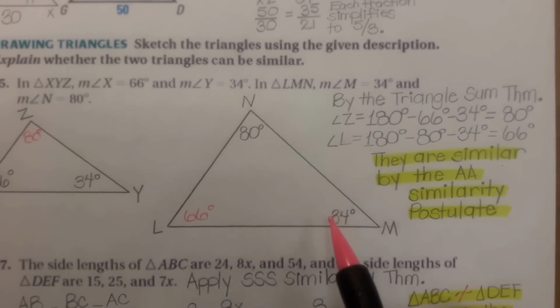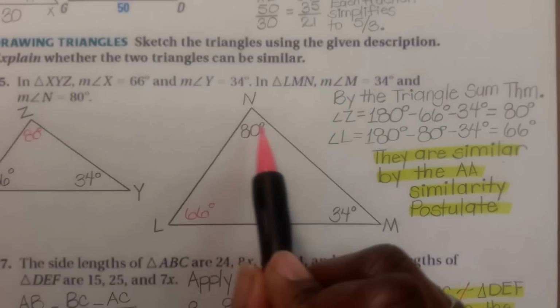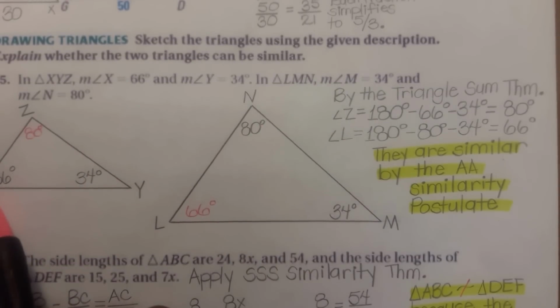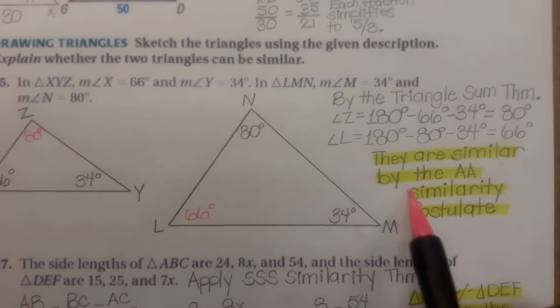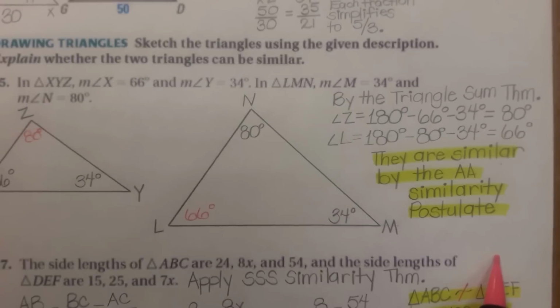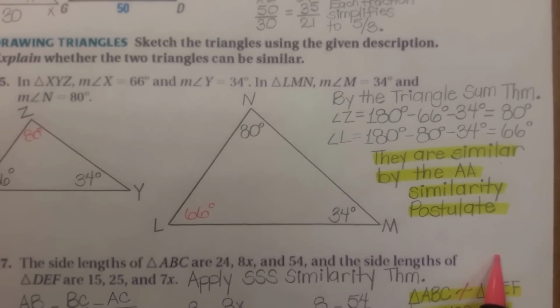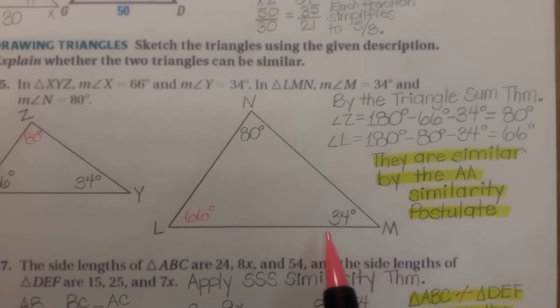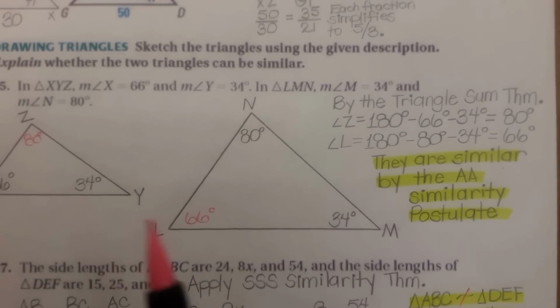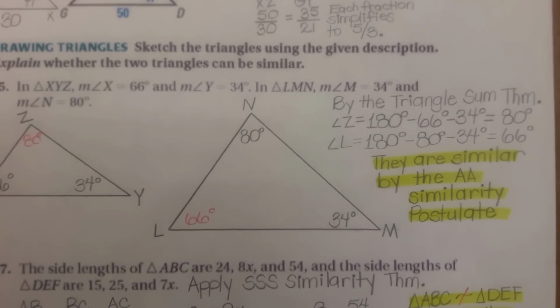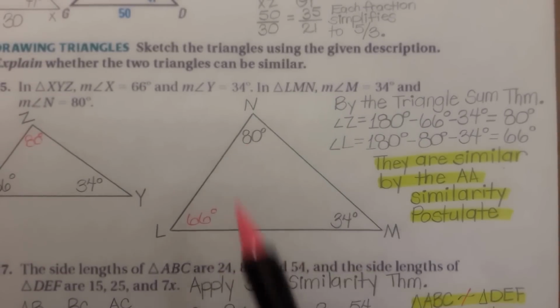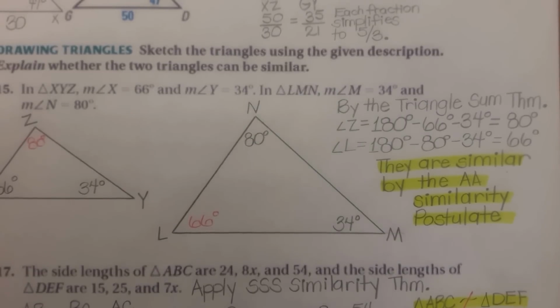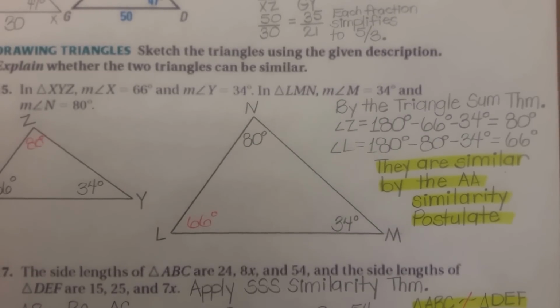So if I look at this, I notice that my corresponding angles are all congruent. So they are similar by the AA similarity theorem, and we talked about that in the previous section. If I have two corresponding angles that are congruent, then that third angle will also be congruent as well.